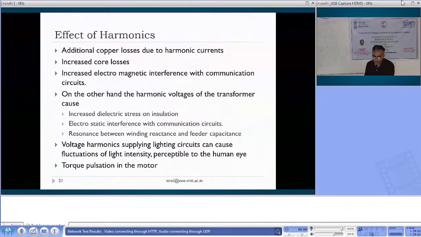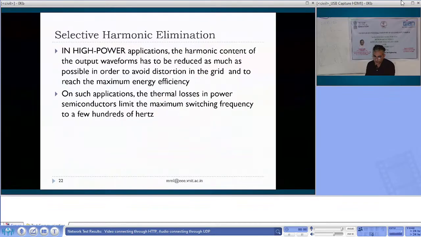Some effects of harmonics are additional copper loss due to harmonic current, increased core losses, increased electromagnetic interference with communication circuits, increased dielectric stress on insulation, and resonance between winding reactance and feeder capacitance. Voltage harmonics supplying lighting circuits can cause fluctuations of light intensity perceptible to the human eye, and of course torque pulsation in motors. That's why you want to avoid the harmonics.